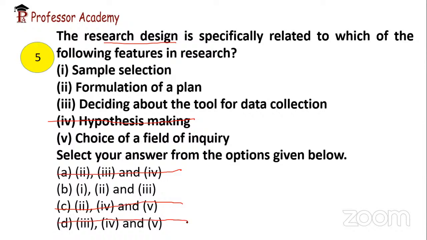Ultimately, we can conclude that sample selection, formulation of a plan, and deciding about the tool for data collection are the features of research design. Option B will be the right answer for this question.